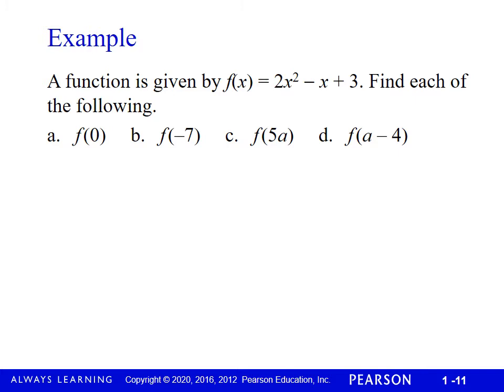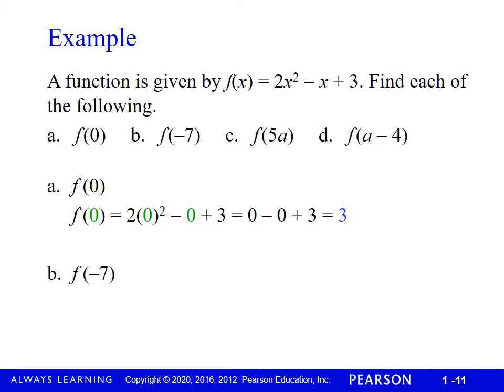So all I'm going to do is substitute in the 0 in the equation for every appearance of x. Okay, so I have 2 times 0 squared, minus 0, plus 3. I do the math and I get 3. Okay, so I can say that f of 0 equals 3.